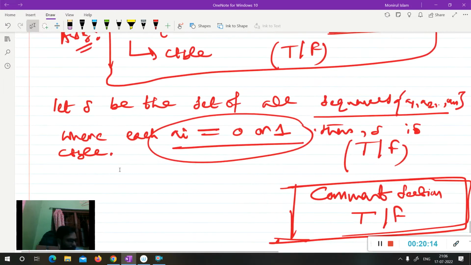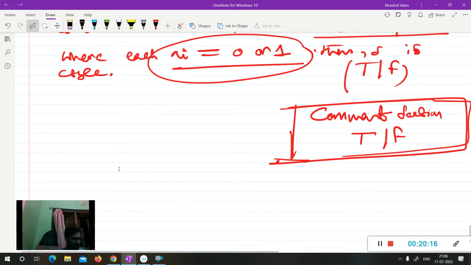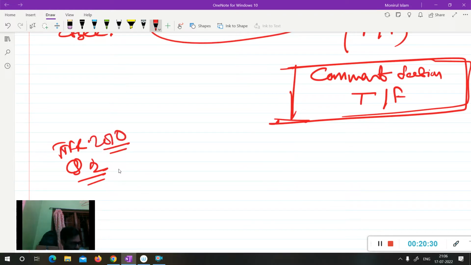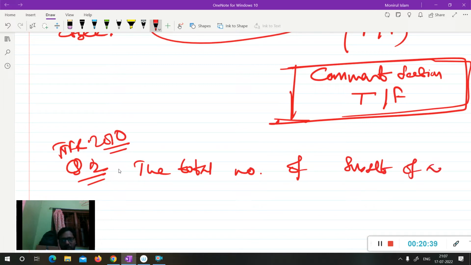There is one more question I am giving as homework. Question 2, from TIFR 2010. The question is: the total number of subsets of a set containing 6 elements.